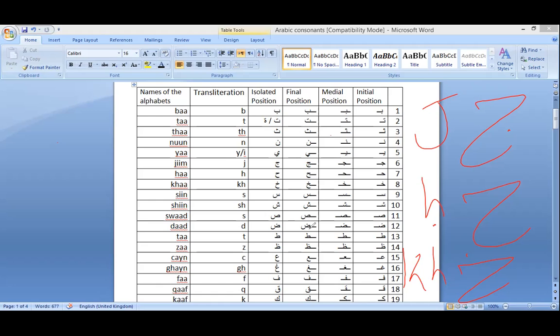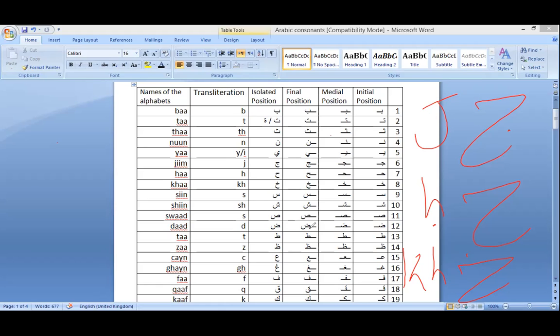For example, Swahili: Arabic has influenced Swahili. So people whose Kiswahili is their mother tongue can pronounce these letters because they are there.